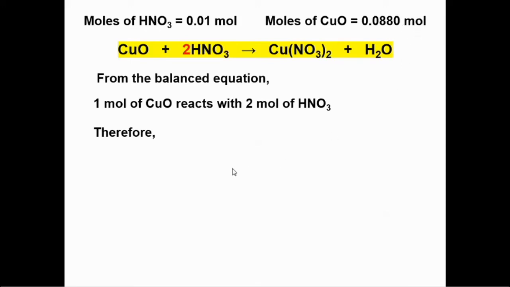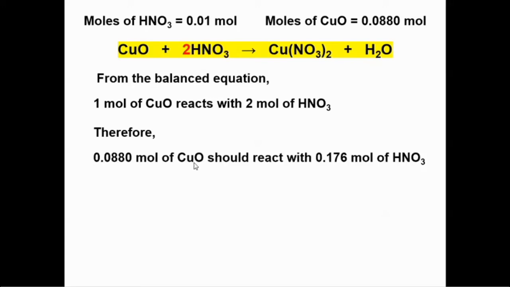So if we are just using 0.088 moles of copper(II) oxide, this copper(II) oxide should react with 0.176 moles of nitric acid. Why? Because the ratio is 1 to 2. So that's why this is the moles of nitric acid needed to react with 0.088 moles of copper(II) oxide.